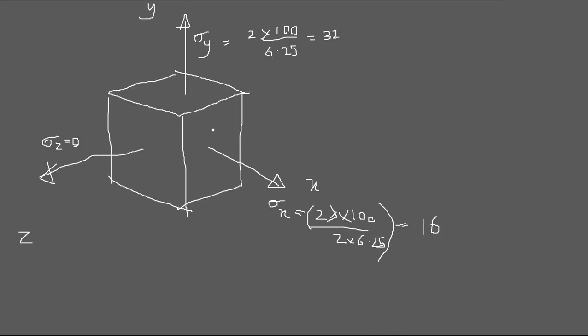If there are no shear stresses, these become the principal stresses. So we actually draw it on the sigma axis. This is 32, this is 16, and this is 0.